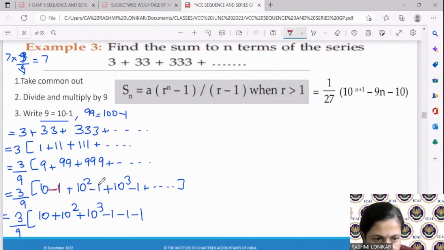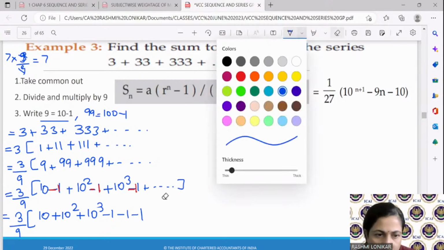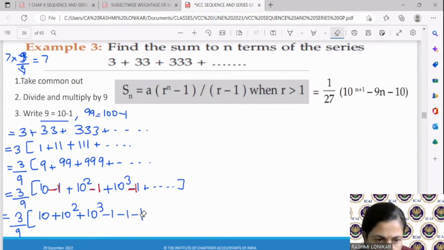This is also 100 minus 1. This is also this minus 1. Then I have minus 1, minus 1, minus 1, all these I am writing together.